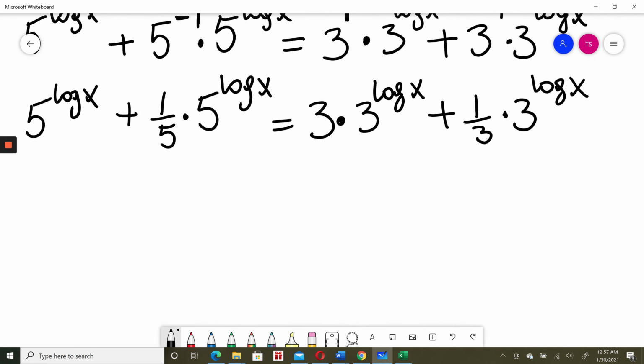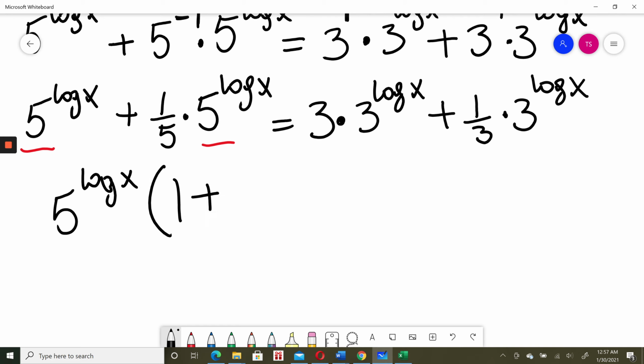Okay, now at this moment I can see 5 to the power of log x here and here, that's why I will put it in front of the bracket. 5 to the power of logarithm x. In the bracket will be just 1 plus 1/5.